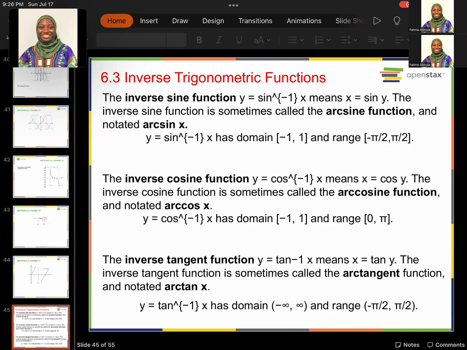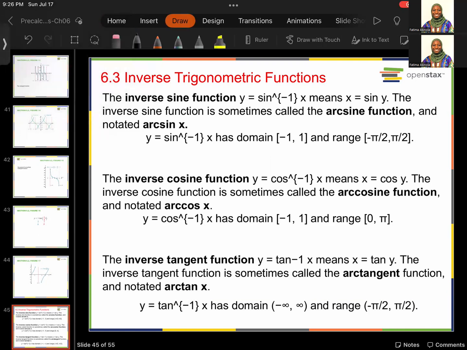So the first inverse trig function we're going to be looking at is the inverse sine function. It's written as y equal to sine inverse of x. Because I'm not writing in LaTeX, I had to write it that way. It has a domain.